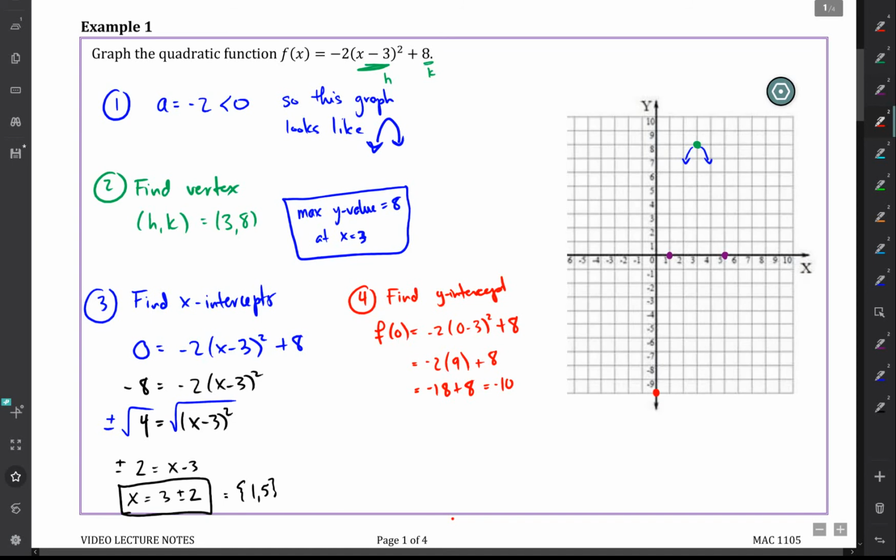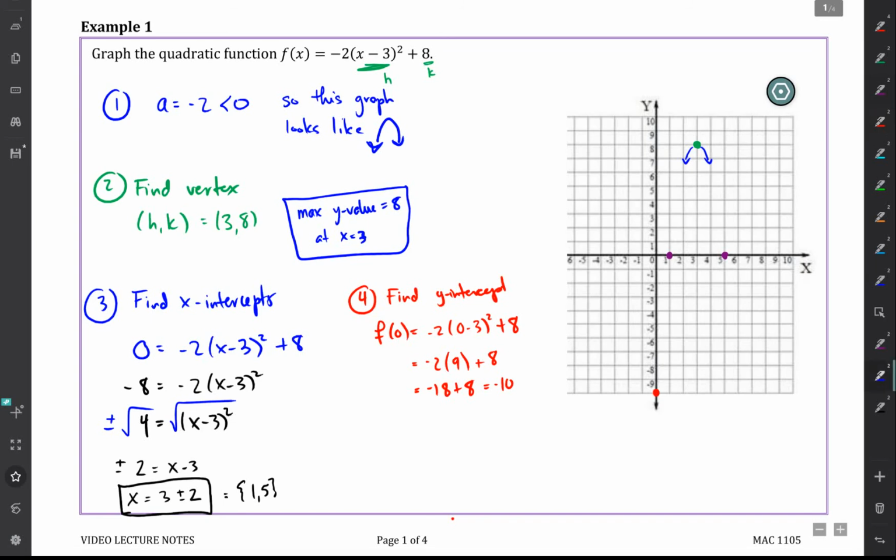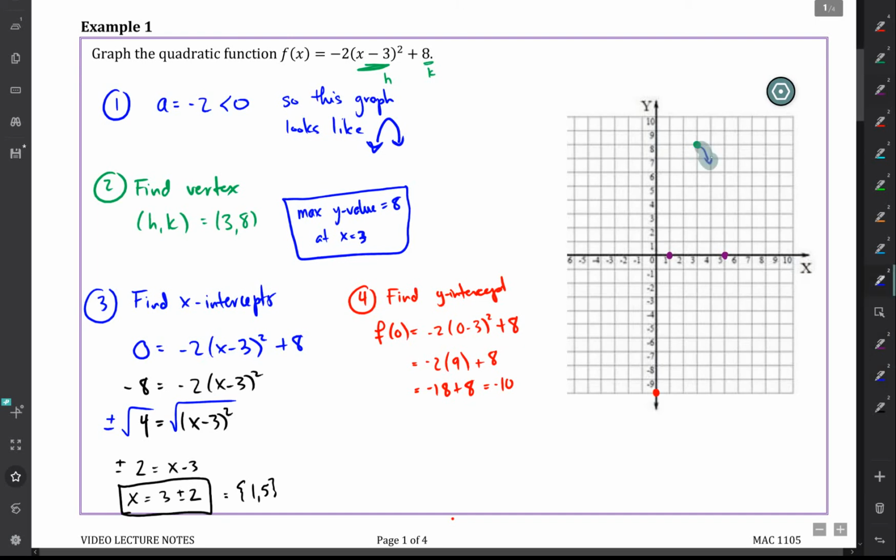And then finally, you have to just connect these points up with a nice continuous, smooth curve. Okay, and you see that this graph is symmetric about the line x equals 3, so the axis of symmetry is the line x equals 3.